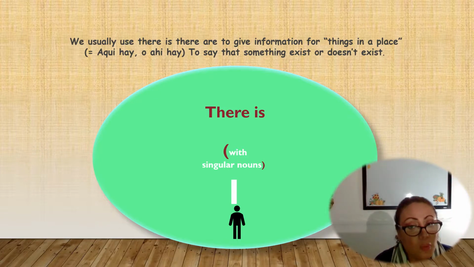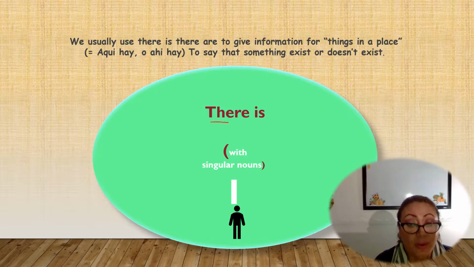Okay, so review your nouns, non-countable and countable nouns, because there is a rule that we need to follow in English that differs from Spanish. So with that, I will leave you with this.